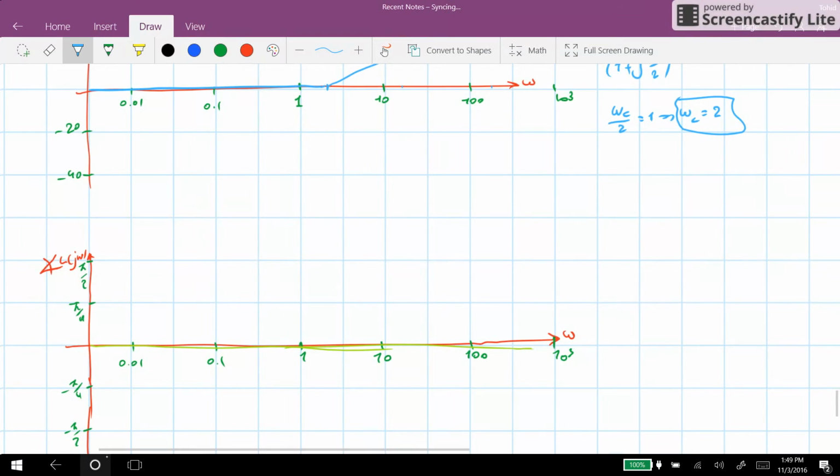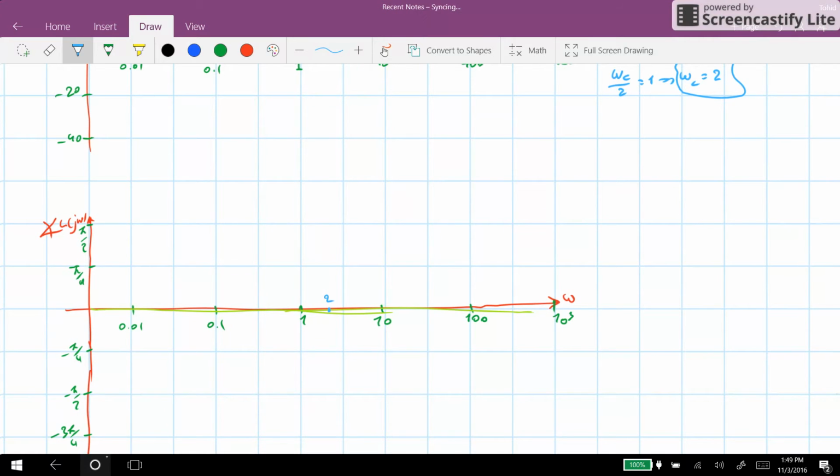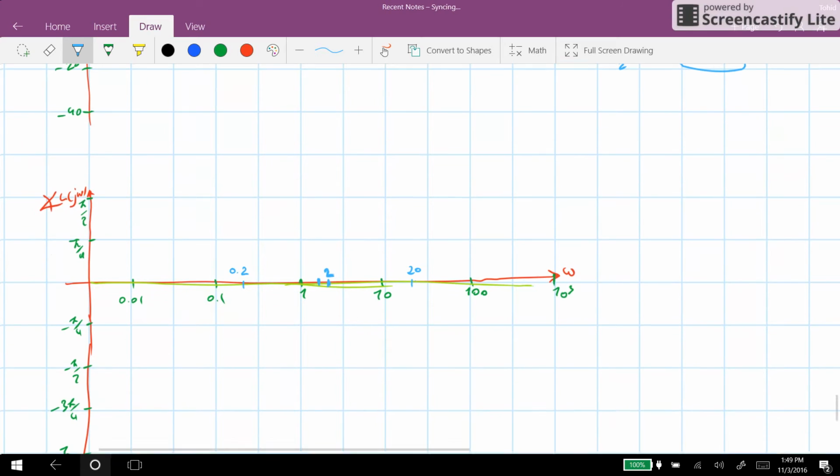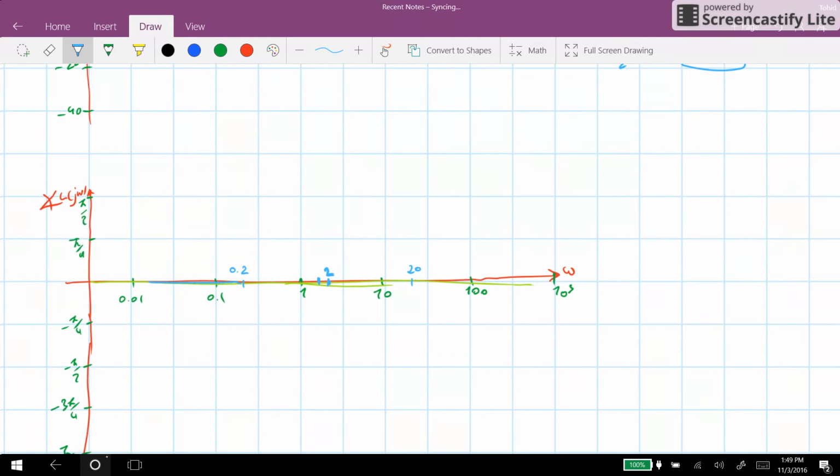And for the phase, if here we have 2, and here 20, and here we may have 0.2. One decade before that we will have 0.